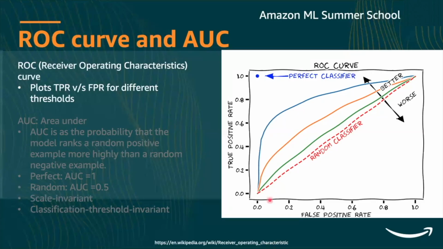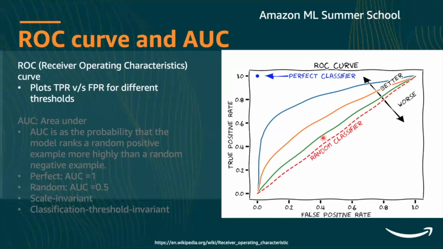The diagonal line divides the plane into two parts. This diagonal line is associated with a random classifier. Random means you toss a coin and randomly provide the output for a given problem. So you'll get this line. Anything above this random classifier is good.